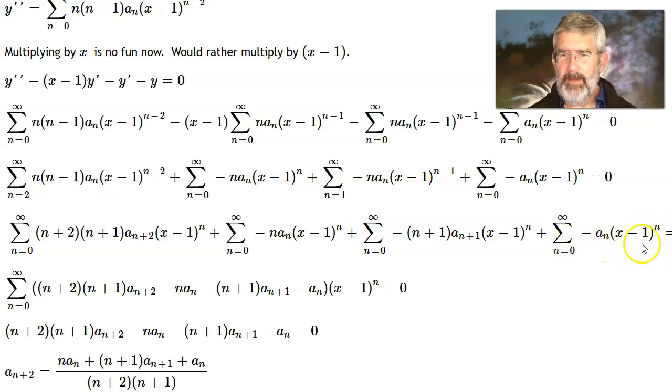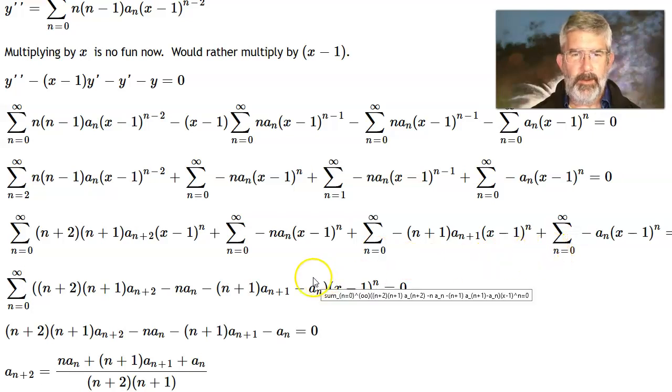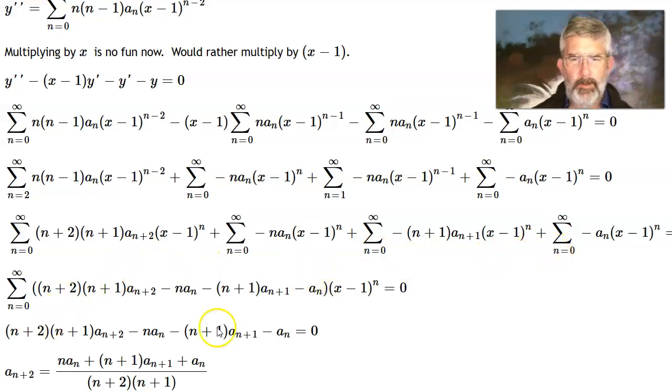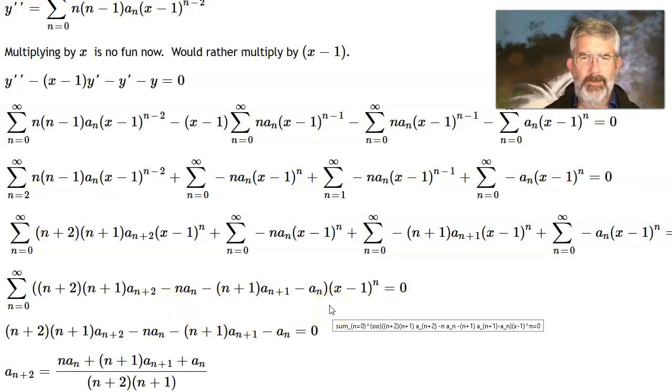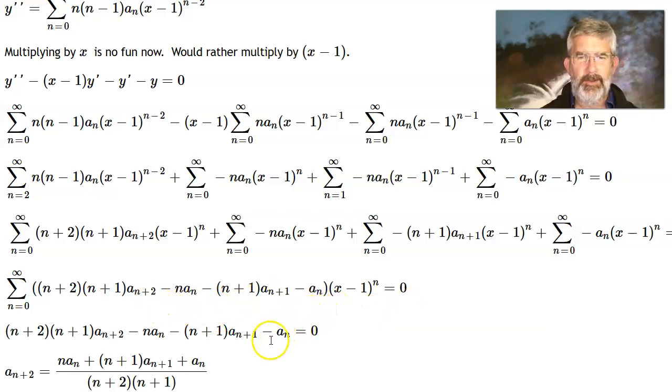So now I have everything in terms of x minus 1 to the n, starting at n equals 0. So I can combine them all into one. It looks like this. And now the only way that's going to add up to 0 is if each of the coefficients is equal to 0. So all of this stuff has to equal 0.